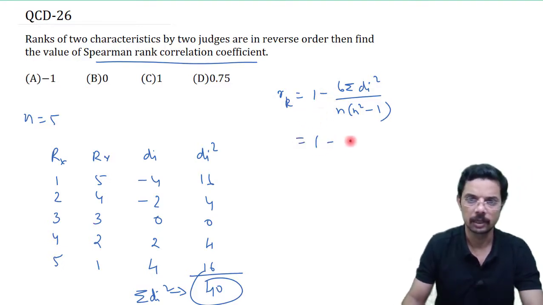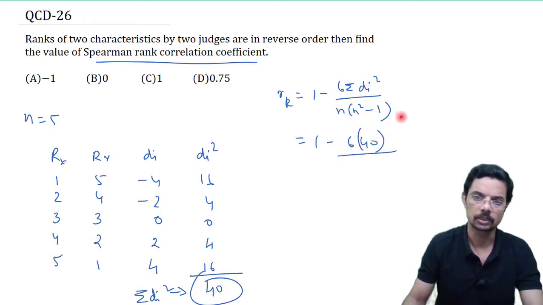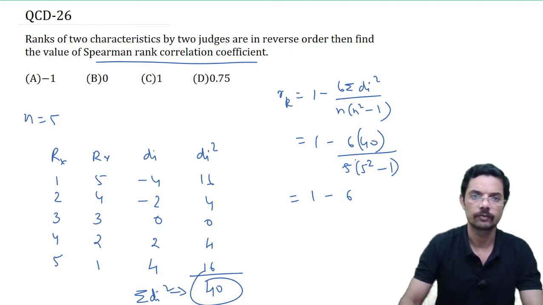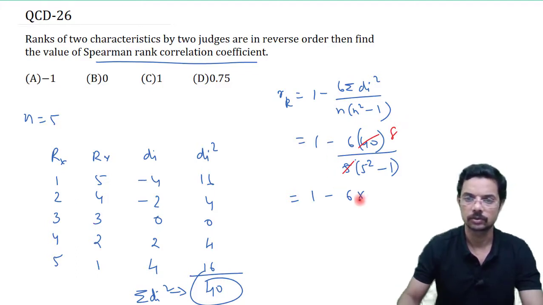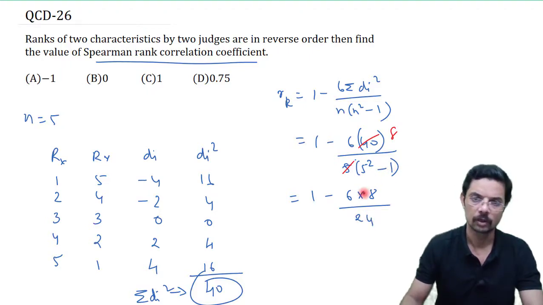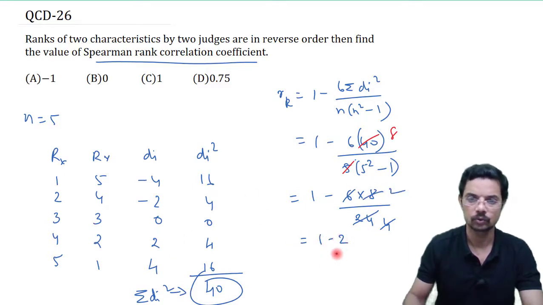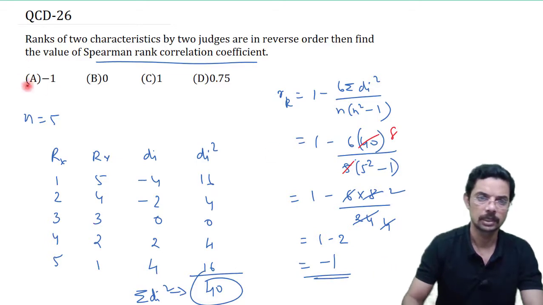That is 1 minus 6 into 40 divided by 5 into 5 square minus 1, which is 5 into 24. 5 into 24 is 120, and 6 into 40 is 240. So this is 1 minus 2, which is equal to minus 1. So the answer is minus 1.